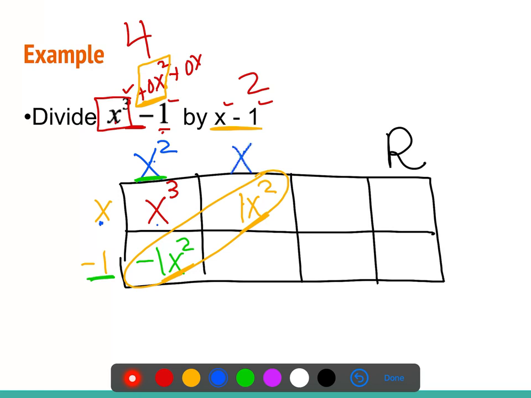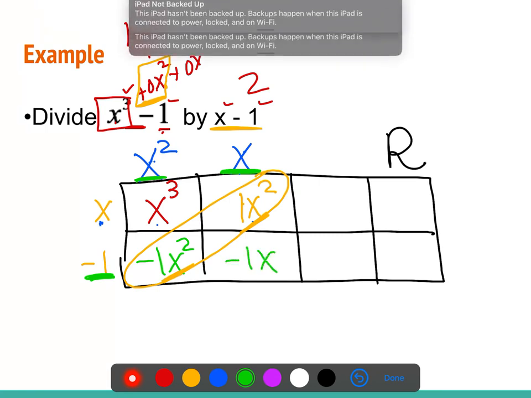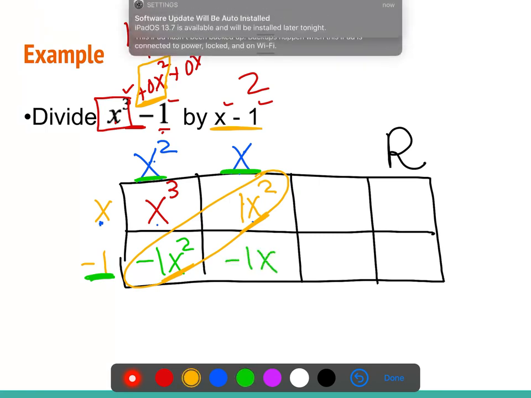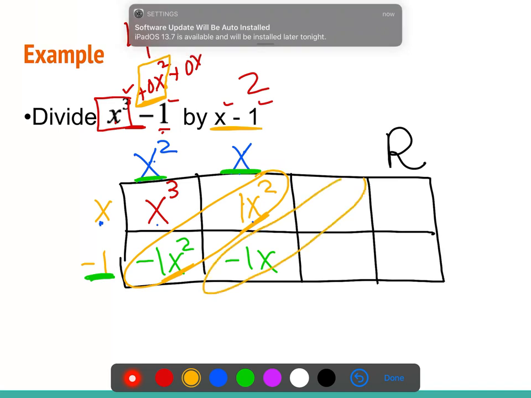Yeah, it is. Then I repeat the process because I'm not at the last column yet. Here I go. What times x makes x squared? That'd be x. Because x times x is x squared.